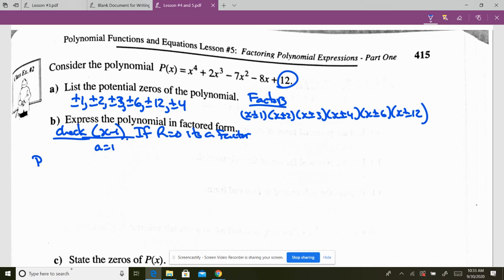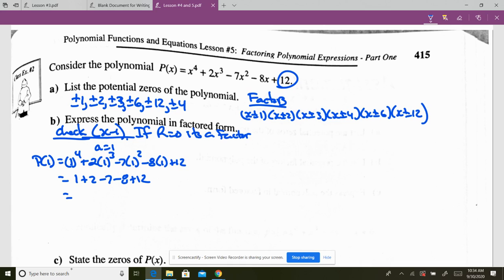So I can go p of 1 is equal to 1 to the 4th plus 2 times 1 cubed minus 7 times 1 squared minus 8 times 1 plus 12. Which is going to be 1 plus 2 minus 7 minus 8 plus 12.